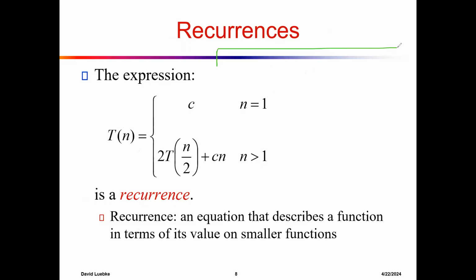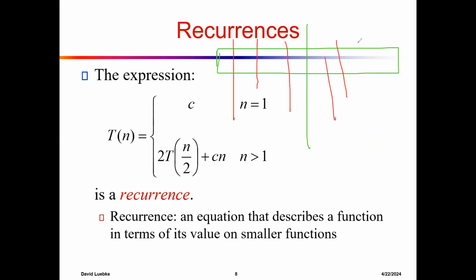Because if you have a big array to sort, merge sort says divide this into 2 and sort this half and sort this half. And when you go to sort this half, it says divide that into a further half. You keep dividing until you can't divide anymore and you have only 1 item.